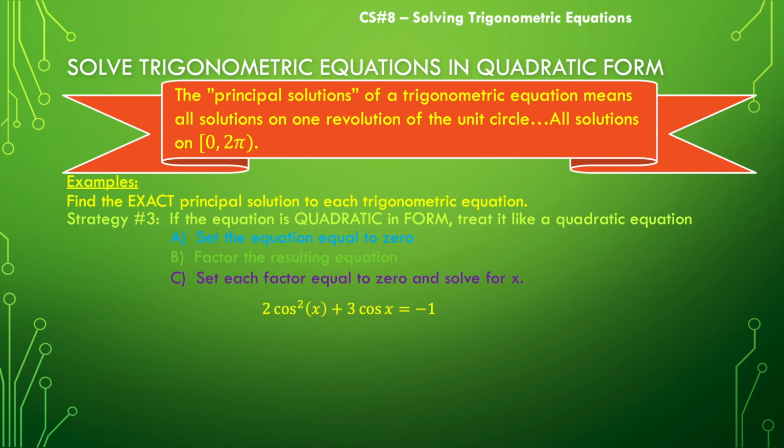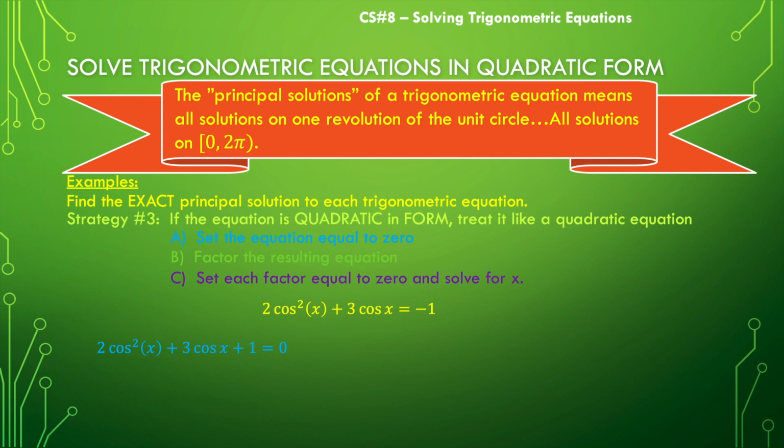So first, let's set this equal to 0. Let's move that -1 to the left-hand side of the equation, and then we could say 2 cosine squared of x plus 3 cosine of x plus 1 is equal to 0. Now, we see that it's quadratic, but maybe it's harder to see it as a quadratic equation.